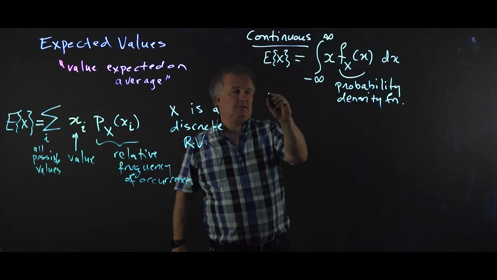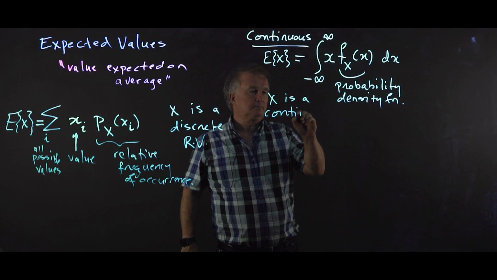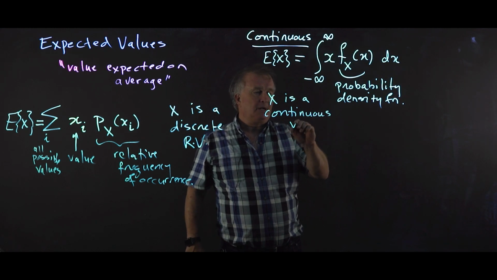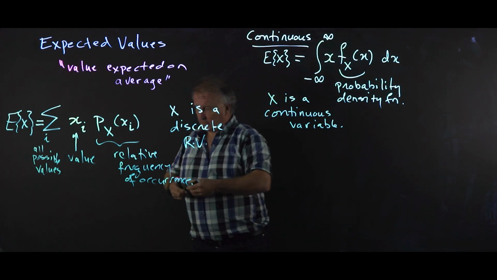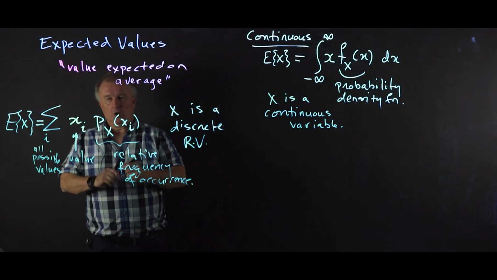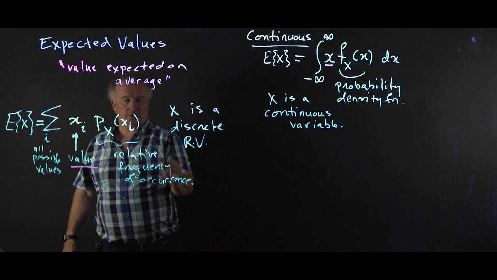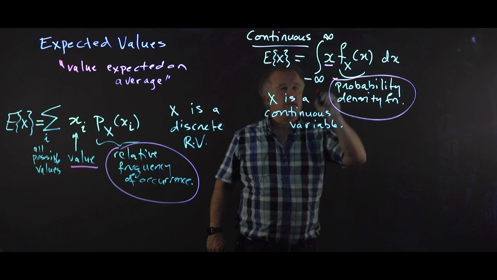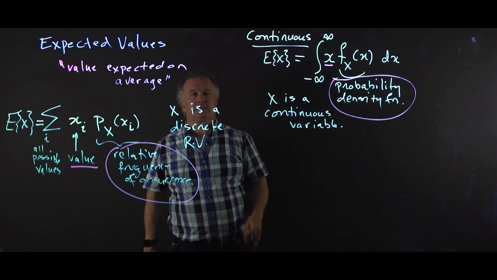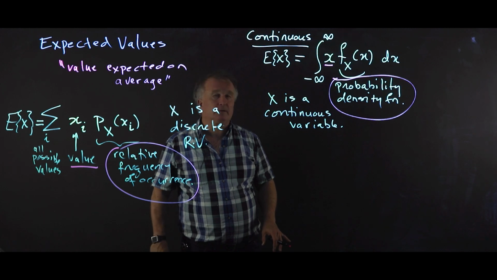This is what it looks like for a continuous random variable. But the key concept is still the value that occurs and its relative frequency or probability of occurrence. It's this weighted sum over all different values.